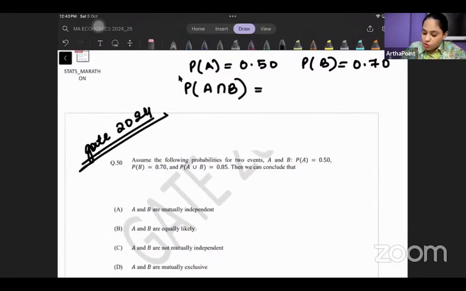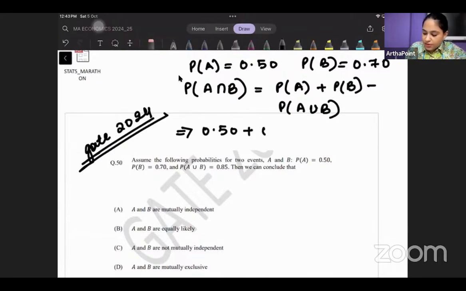Absolutely. It is going to be use the basic formula, probability of A plus probability of B minus probability A union B. So probability of A is 0.50 plus 0.70 minus 0.85.